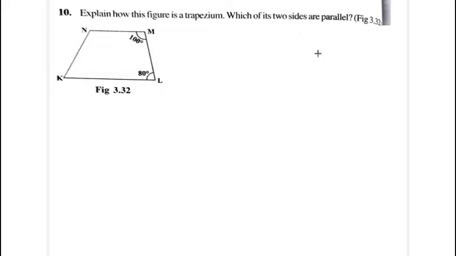If two lines are parallel and have a transversal, then the interior opposite angles on the same side, their sum will be 180 degrees. Here these two lines are parallel and this is the transversal, so the interior angles' sum will be 180 degrees. The converse also holds: if the sum of two interior angles is 180 degrees, then those two lines are parallel.